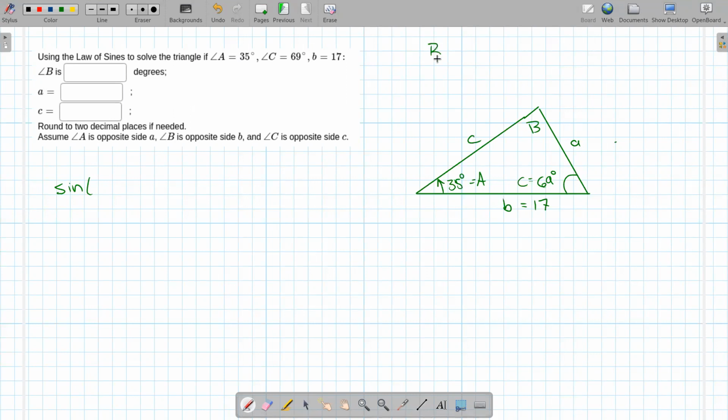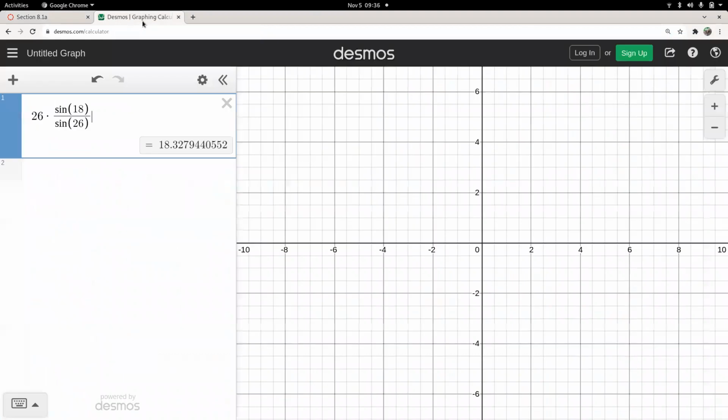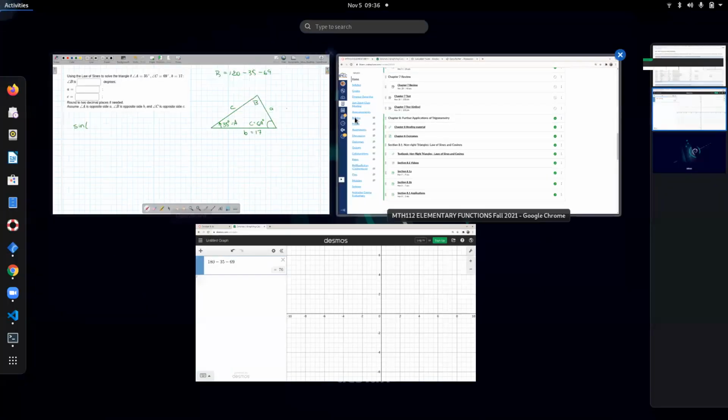So B is going to be equal to 180 minus 35 minus 69. Let's get that on a calculator. So 180 minus 35 minus 69, 76 degrees.